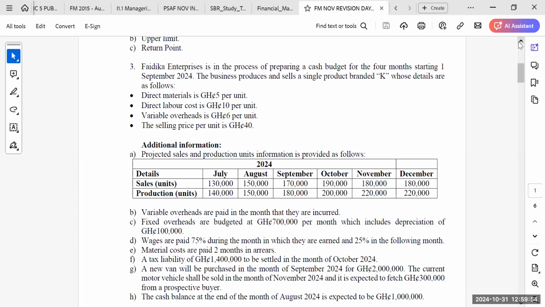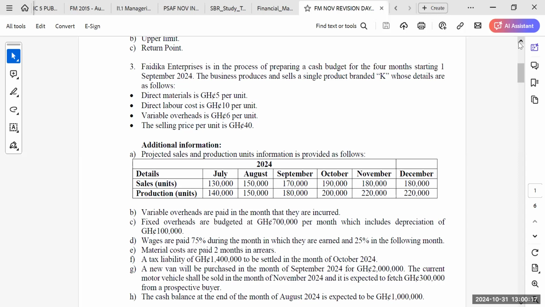A tax liability of 1,400,000 cedis is to be settled in the month of October 2024. A new van will be purchased in the month of September 2024 for 2 million Ghana cedis. The current motor vehicle will be sold in the month of November 2024, and it is expected to fetch 300,000 Ghana cedis from a prospective buyer.